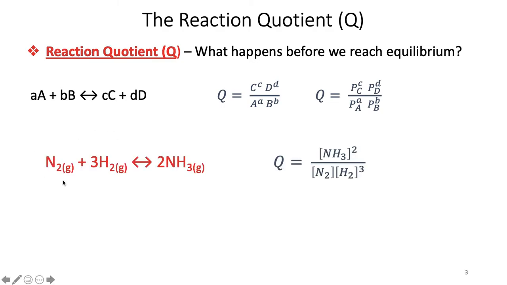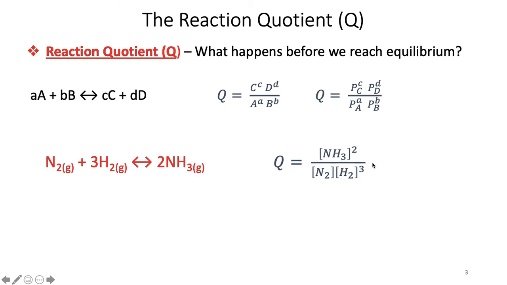For this reaction that we were talking about earlier, the formation of ammonia, here's the example of how I write my reaction quotient. I will take the concentration of ammonia raised to the second power, because that's the molar coefficient in front of my product. I don't have any more products, so only one appears.